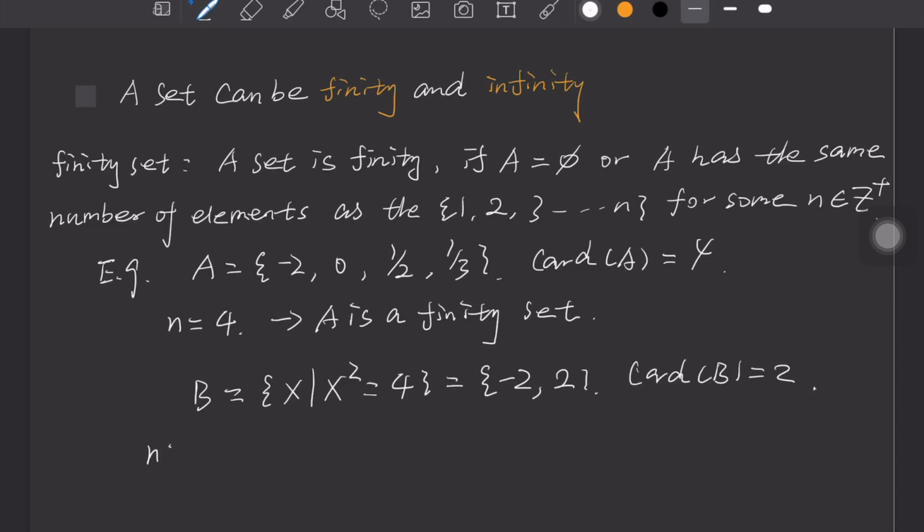Then in this case n equals 2. It also shows B is a finite set. Then we can conclude that if we can find the number n, then we can say a set is a finite set.